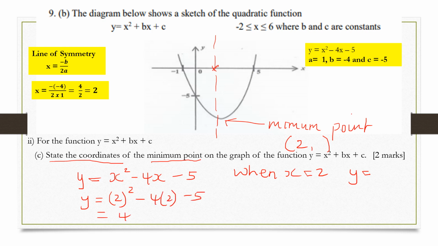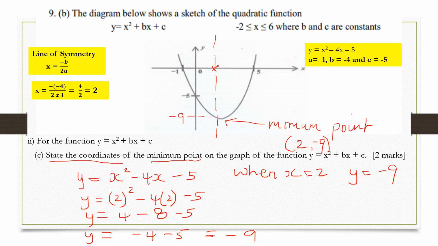And that is 4 minus 8 minus 5. That is negative 4 minus 5, which is equals to negative 9. So that's negative 9, and our value here will be negative 9. That means here is negative 9.